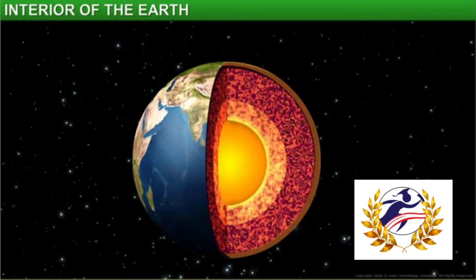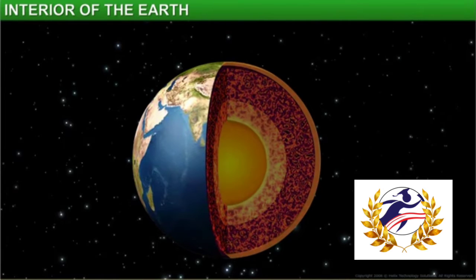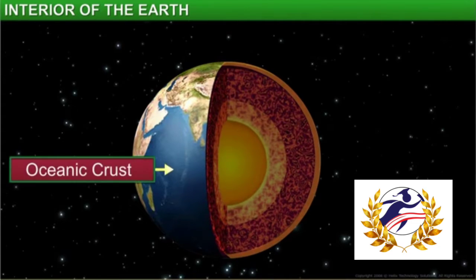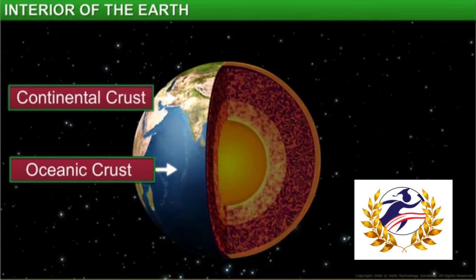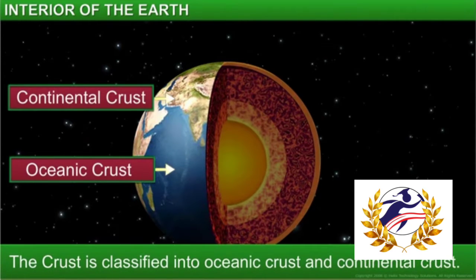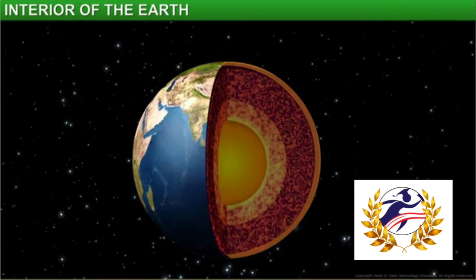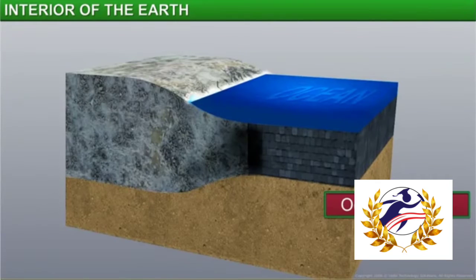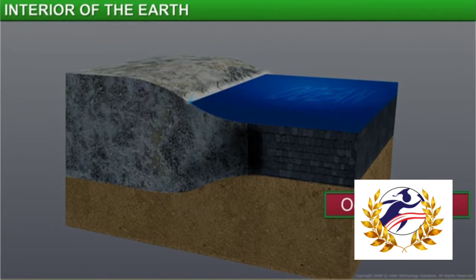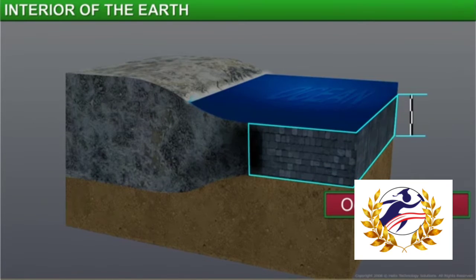The topmost layer, the crust, is the thinnest layer. This layer can be classified into Oceanic Crust and Continental Crust. The Oceanic Crust, that is, the crust beneath the oceans, is only about 5 kilometers thick.